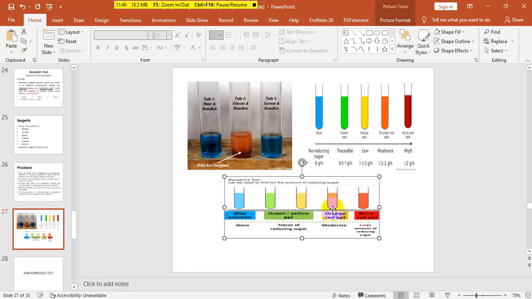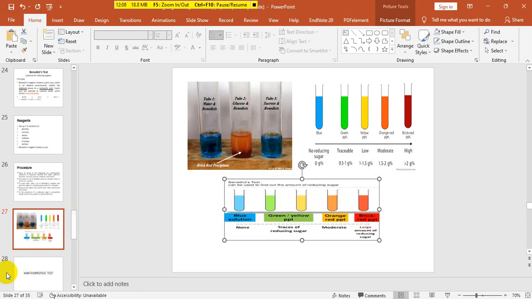Moderate means there is what? A moderate amount of reducing sugar. Then brick red precipitate means a lot of reducing sugar, a substantial amount is present. This is the brick red. But the blue means there's no reducing sugar.